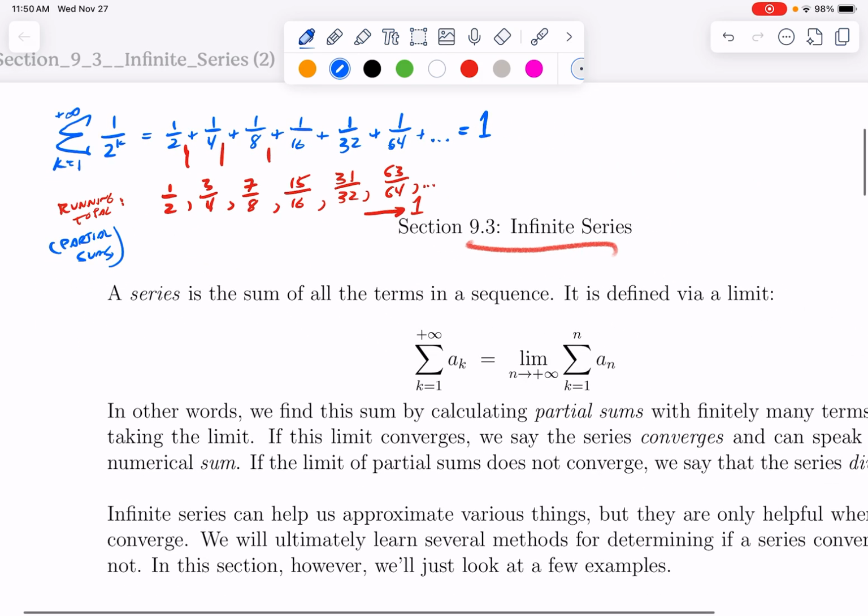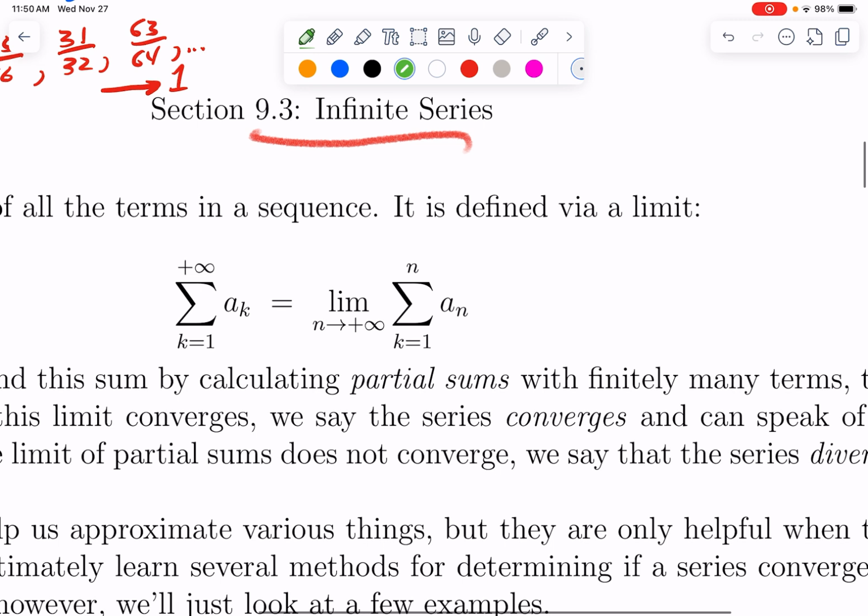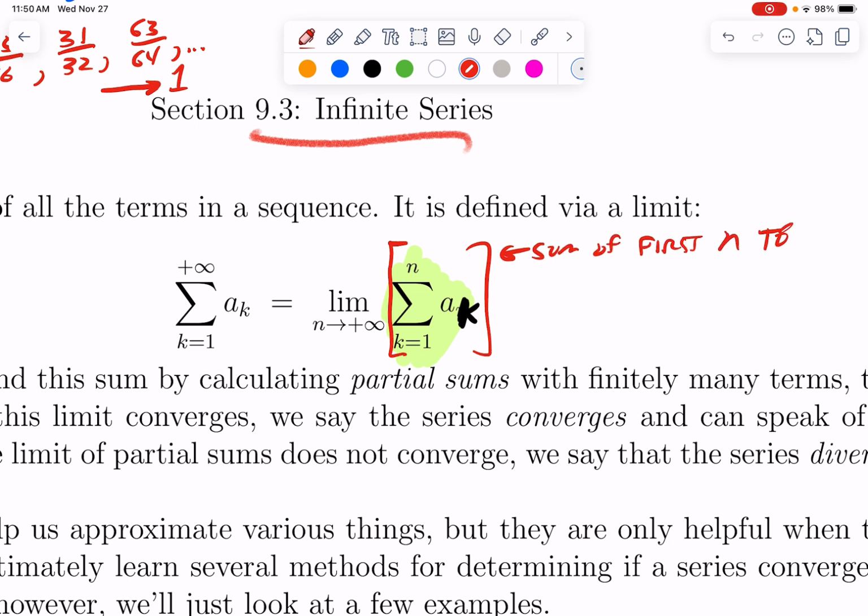So a series, sometimes we say infinite series just to emphasize that, but by default they are infinite. What this is, by definition, is we add together, oh, there's a typo here. This should be a sub k. We add together the first n terms. And then we run a limit on those partial sums.